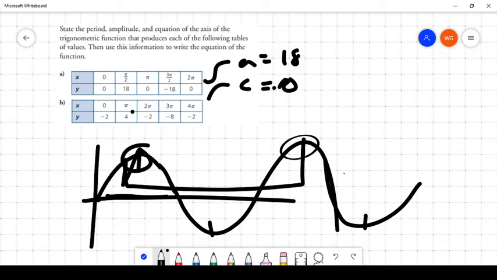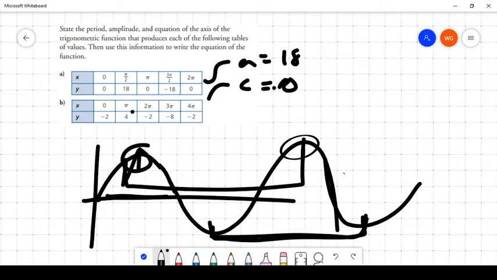That's a really easy feature on a graph to find, so it's usually the choice students make when they're trying to find period. Same thing with the troughs, the bottom of the graph. You look at the distance between two troughs, and you say, well, that's the period.